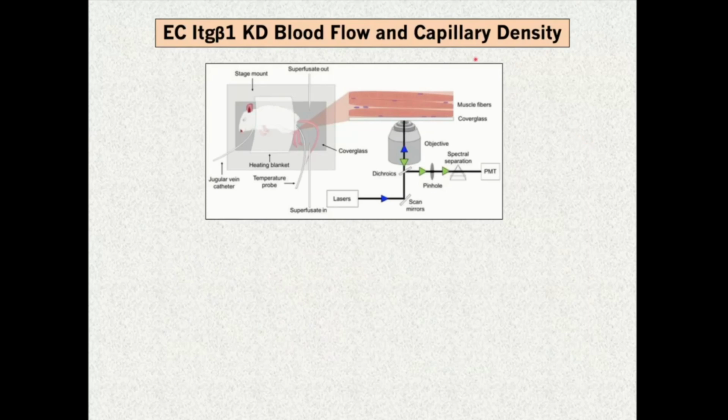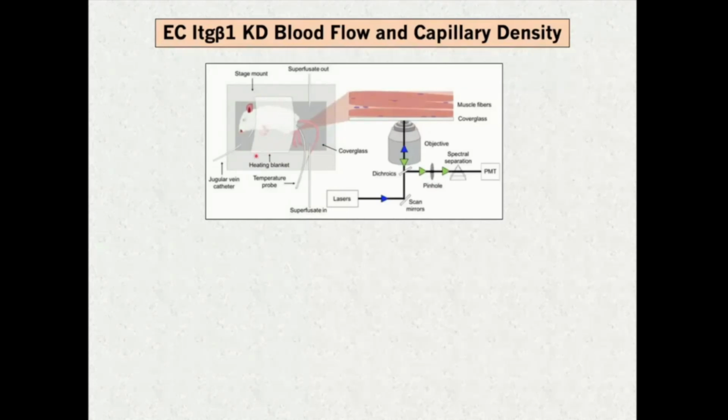So we used intravital microscopy, and I'm not going to go into great detail. The nose cone's not shown here. We used isoflurane. We have a jugular vein catheterized, and we use that for injection of fluorescent probes and any other reagent we want to put in.